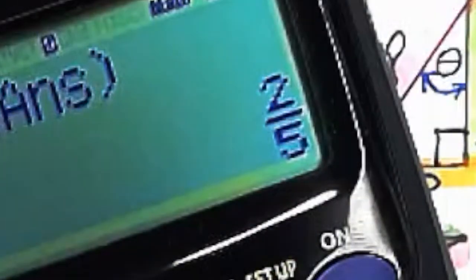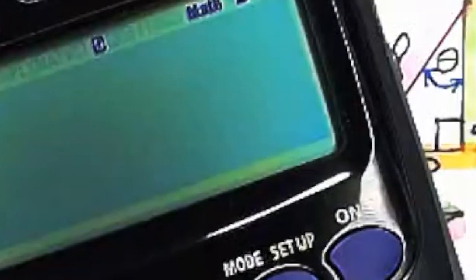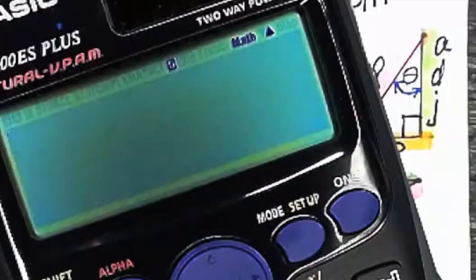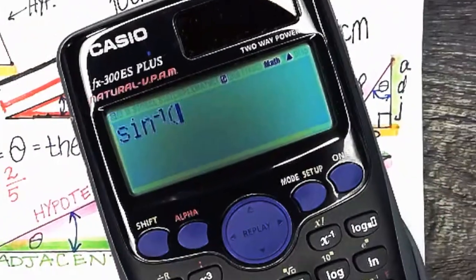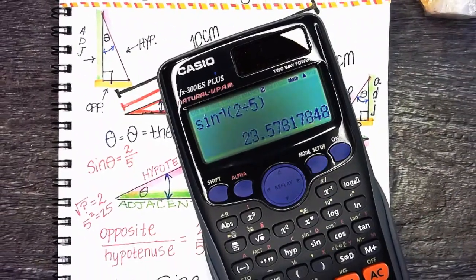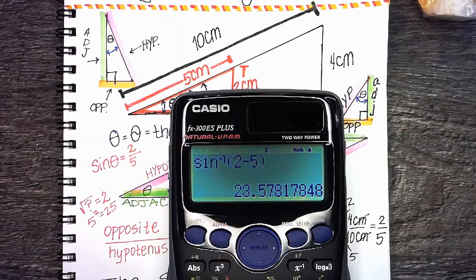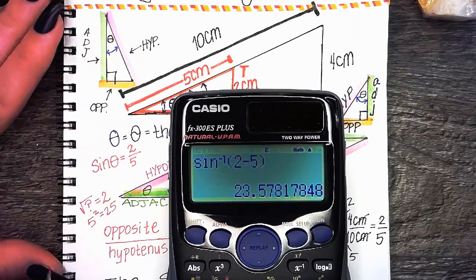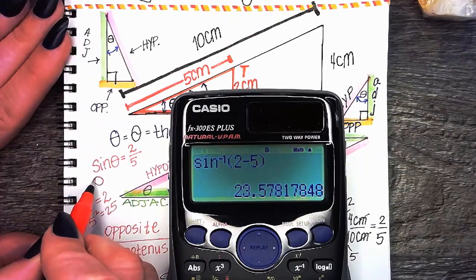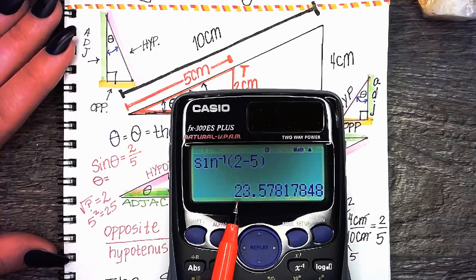Now let's take a look at what happens when you round instead. Here I have on my screen my angle measurement that I calculated before. I'm going to take a second to write this down. But when I write it, I'm going to round. I'm going to write down 23.6.